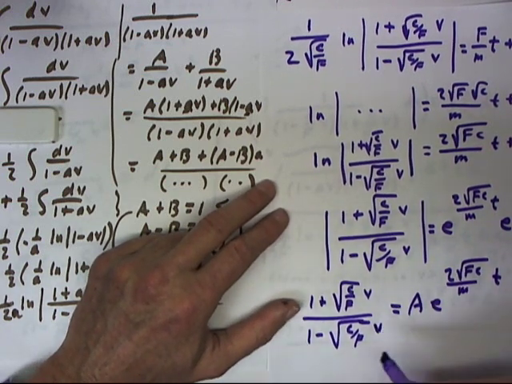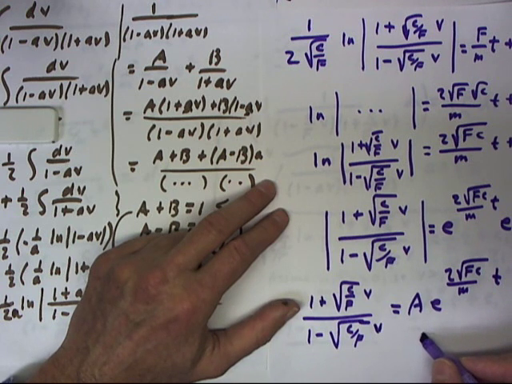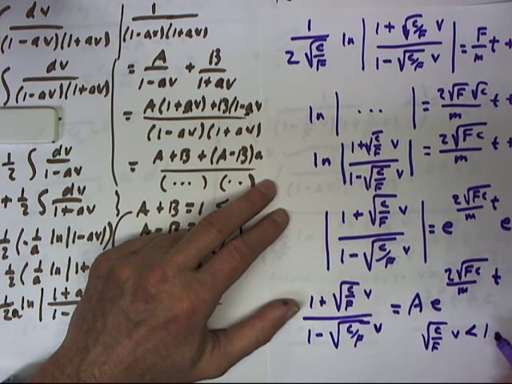And the condition is that square root of c over f times v remains less than 1.